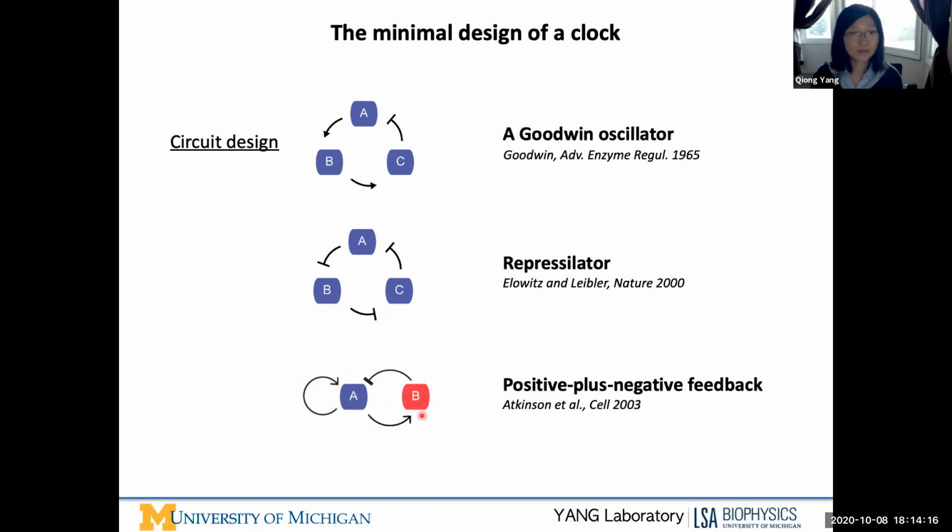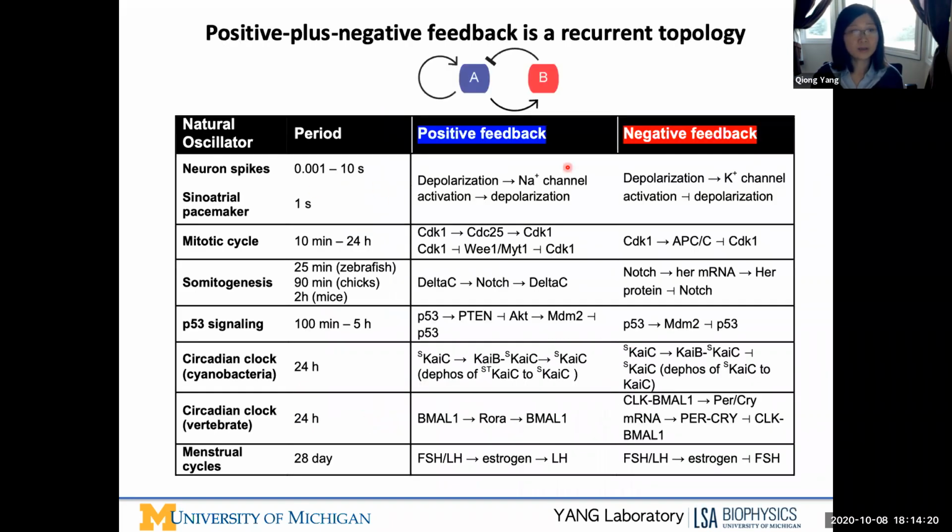And what's interesting about this last topology was that if we do a survey of all the natural oscillators we know so far, then even though they contain different molecular mechanisms, and again, their periods are very different, they seem to all share this topology, which is a coupled positive and negative feedback loop.